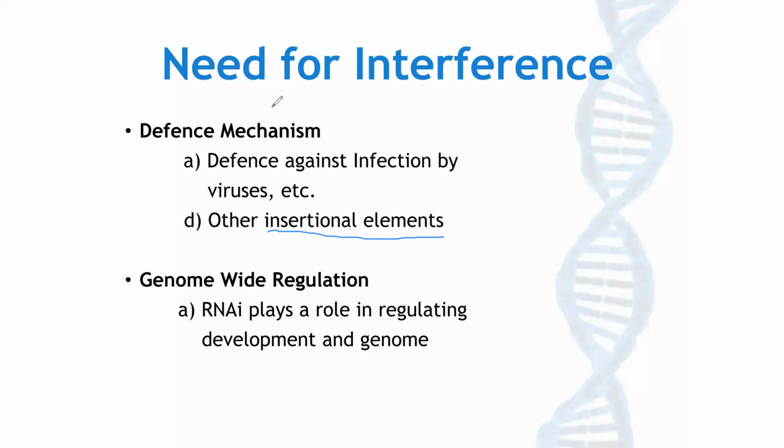So using RNA interference, you can protect the genome from the insertion of genetic elements that are not important to the body. So that is in the case of the defense mechanisms. In simple terms, you can use RNA interference to block or protect the cells against viral infection by degrading or digesting its mRNA.